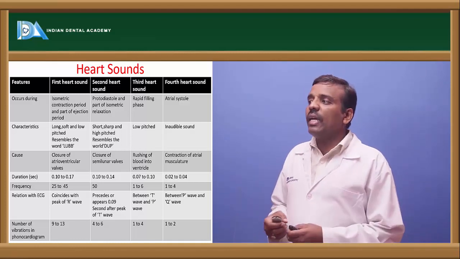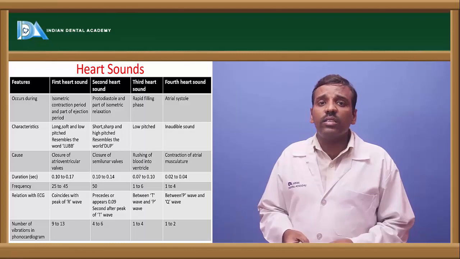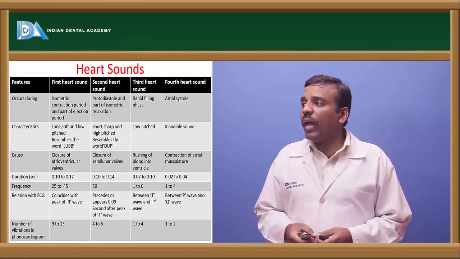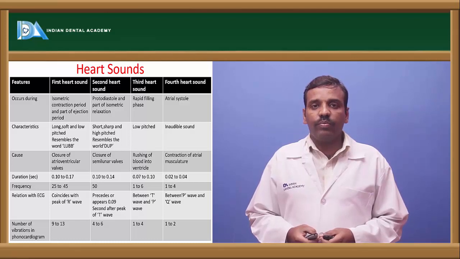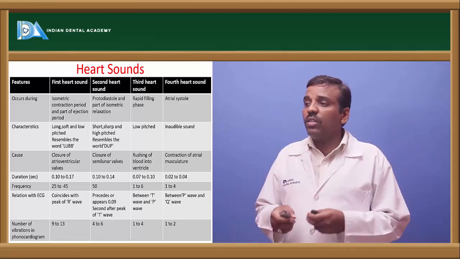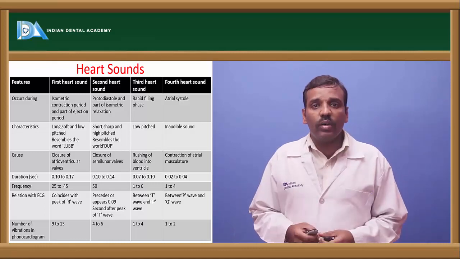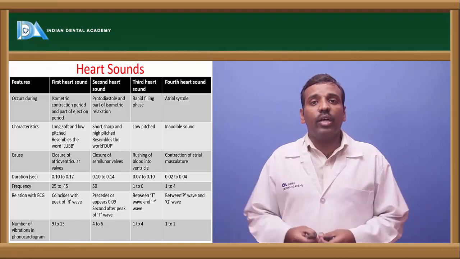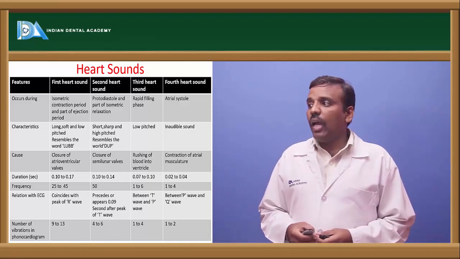And the second heart sound occurs during the protodiastole and part of the isometric relaxation, and it is a short, sharp, and high pitched sound. It resembles "dub". That is the second heart sound.